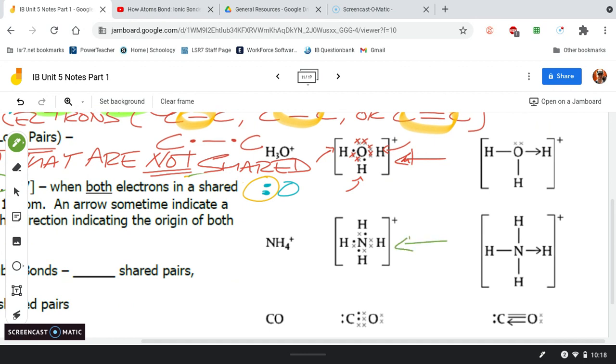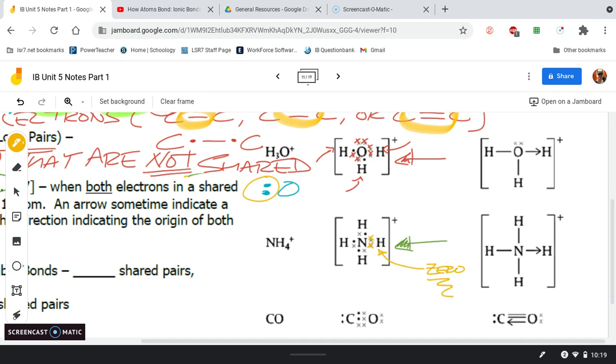If I look right here, and I'll use my highlighter, right here, right there, the highlighter's not really working. Nitrogen is providing both of these, and see this hydrogen, it has 0 electrons. It doesn't have anything. It's like looking for a handout.